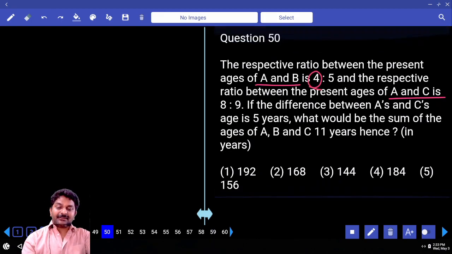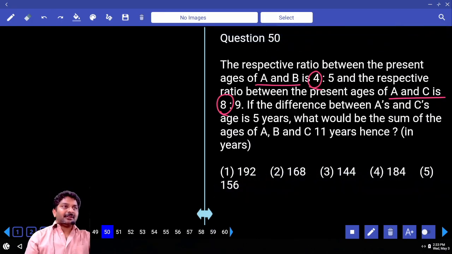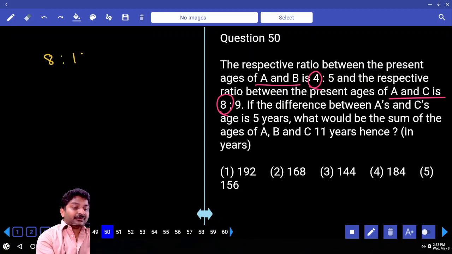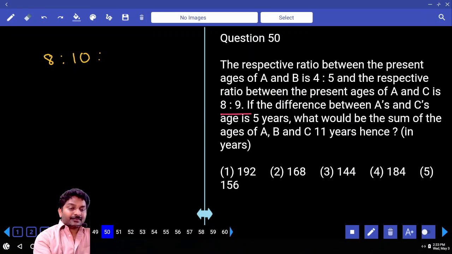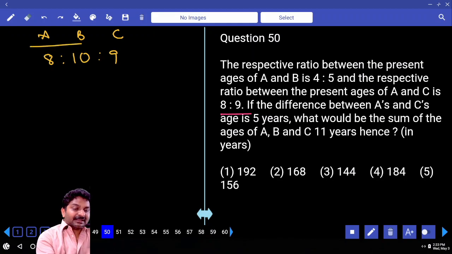A in the first ratio and second ratio, both must be the same, right? So let's change the first ratio 4:5 as 8:10. Then the AC ratio 8:9. That means A, B, C are 8 parts, 10 parts, 9 parts.